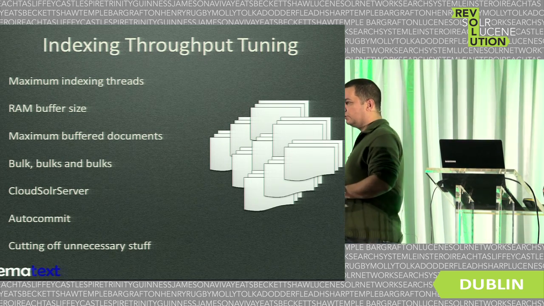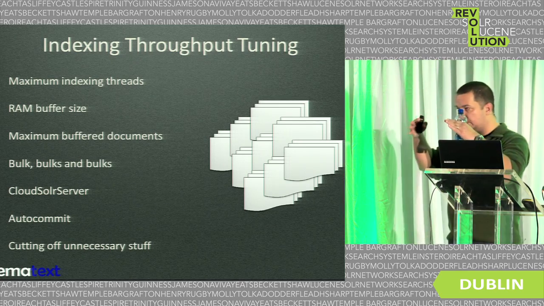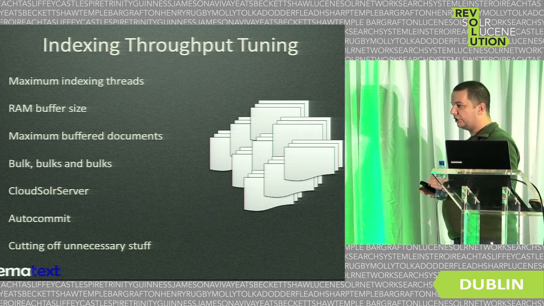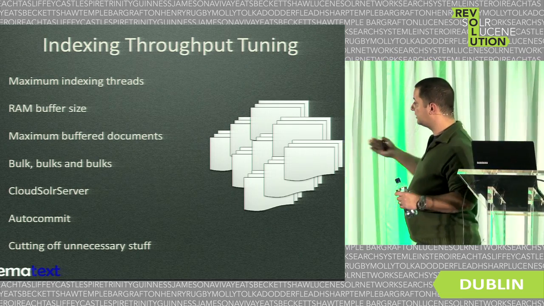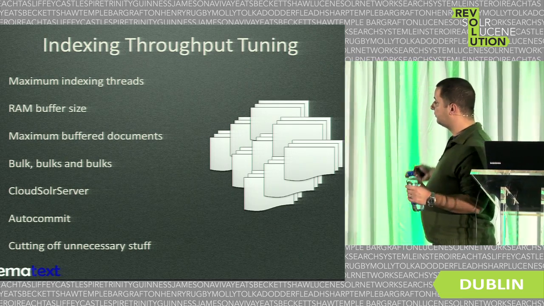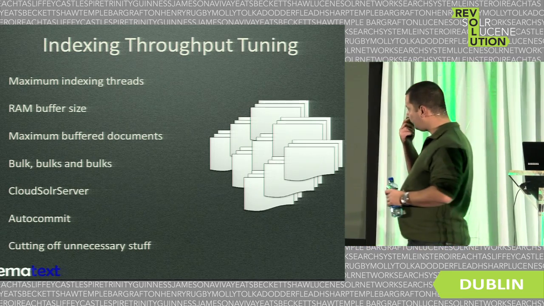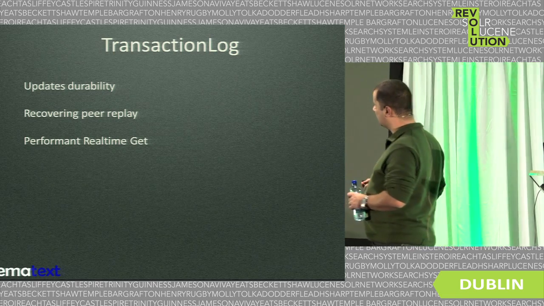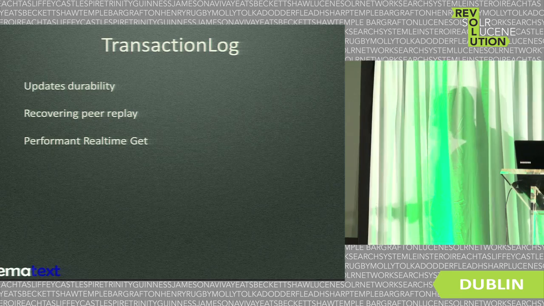It will all increase your throughput, at least in the view of a single machine. But that scales. So if you adjust your single machine and then have the configuration on all, your indexing throughput will be higher.